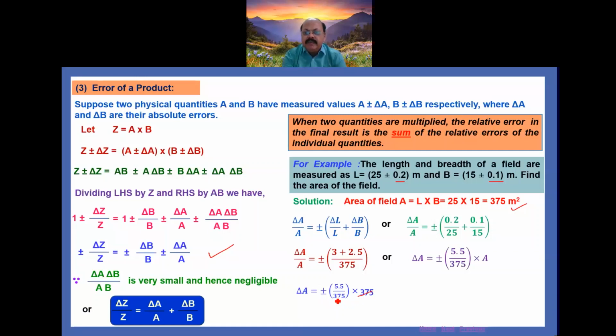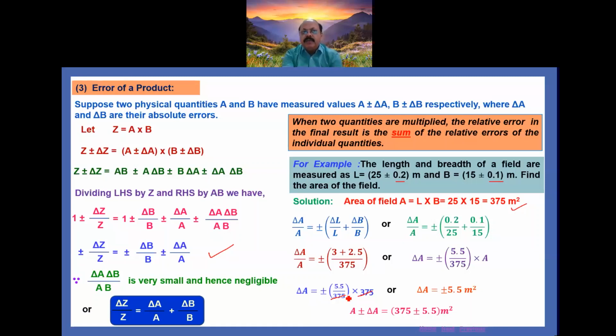So this 375 gets cancelled. So finally you will get delta A equal to plus minus 5.5 meter square. So the final result you can write: A plus minus delta A equal to 375 plus minus 5.5 meter square.